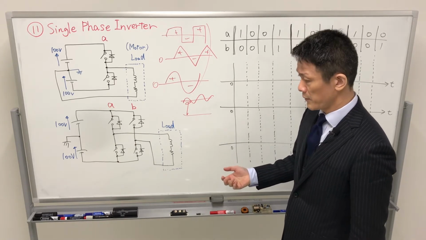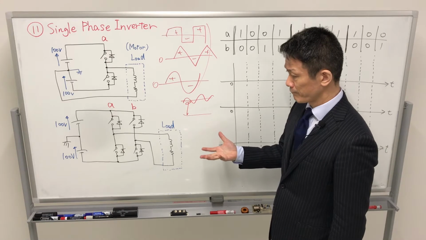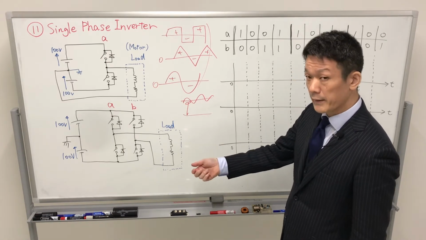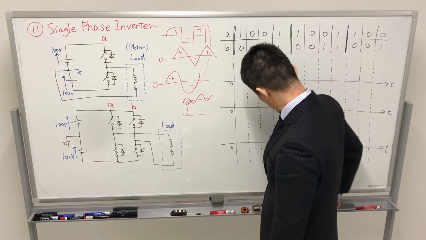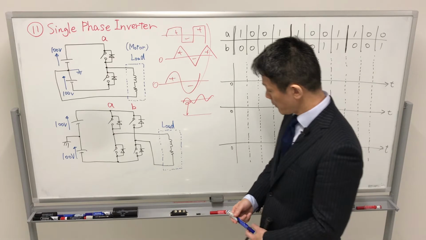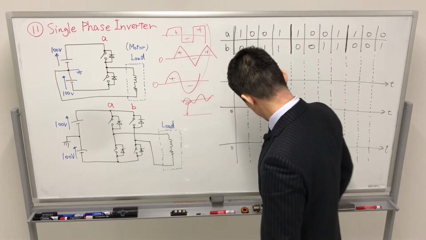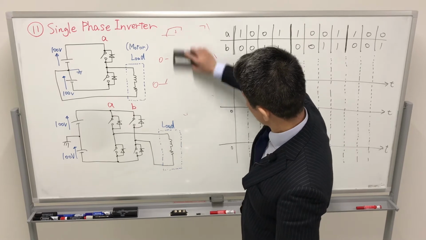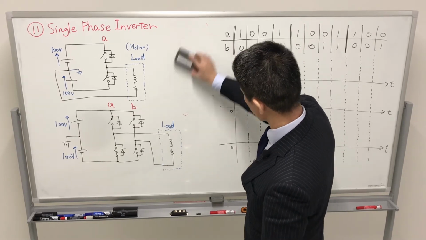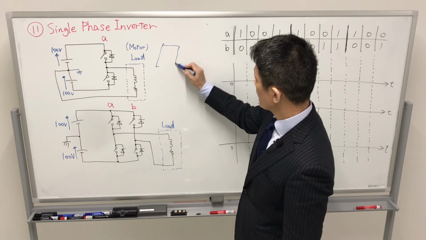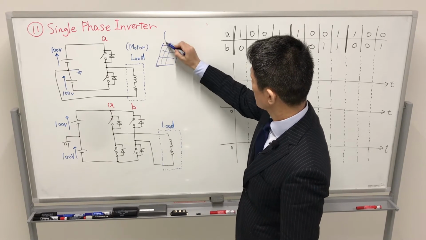That means the battery charger connected to the power line, and we can obtain bidirectional power control using this converter. For example, the very famous application is PV. PV is the PV solar panel.